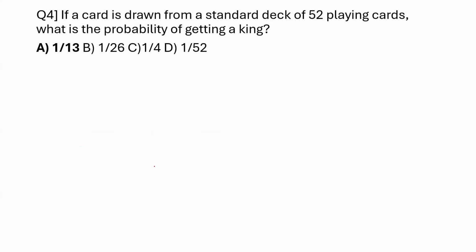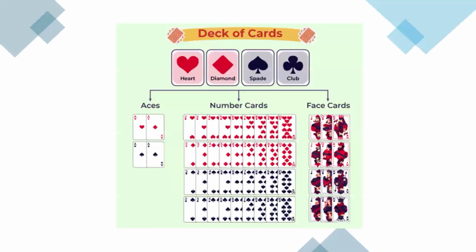If a card is drawn from a standard deck of 52 playing cards, what is the probability of getting a king? Before going to this problem, let us discuss what a deck of cards is and what is there. This is a picture.